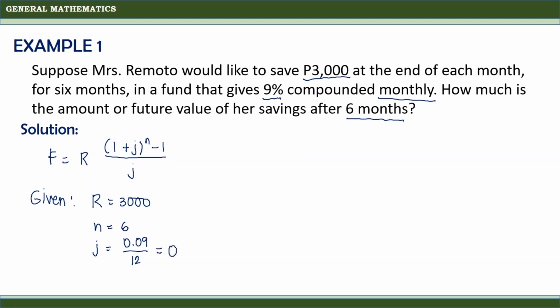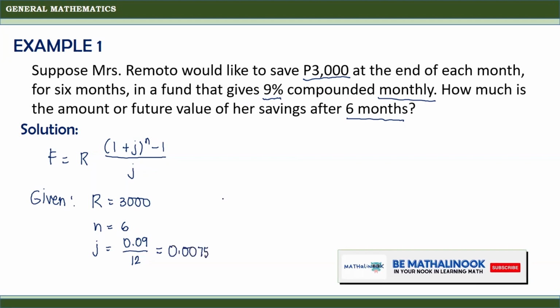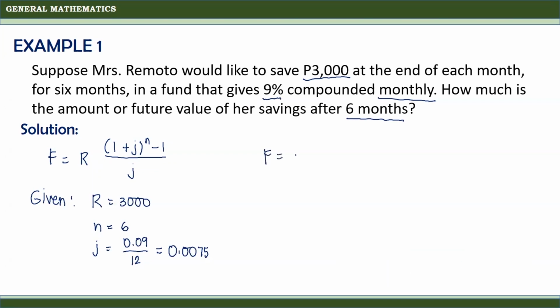This is equal to 0.0075. Since we now completed the given, we will substitute this on our formula. So we will have F is equal to 3,000 times (1 plus 0.0075) raised to 6 minus 1 all over 0.0075.